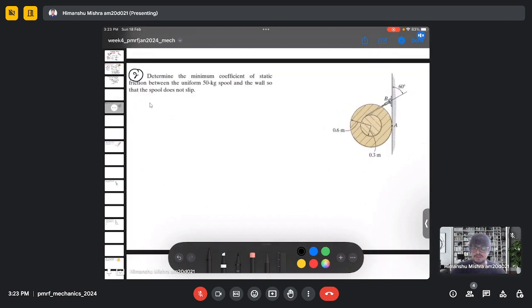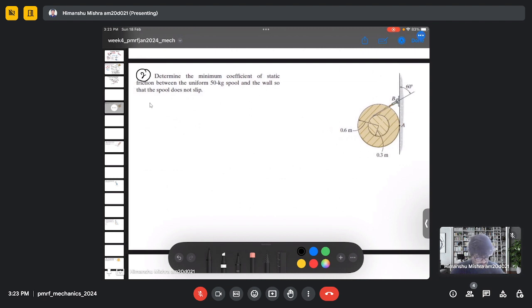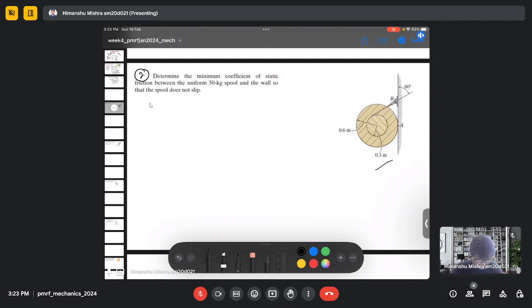So in the next question, we have to determine the minimum coefficient of static friction between the uniform 50 kg spool and the wall so that the spool does not slip. So we have given the spool and the weight which is acting, and we need to determine the coefficient of friction mu s so that the spool does not slip.